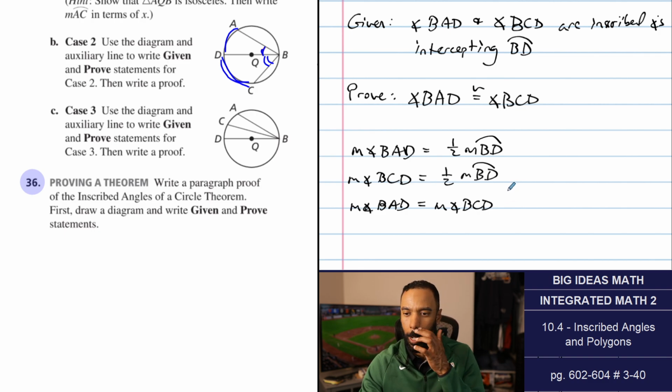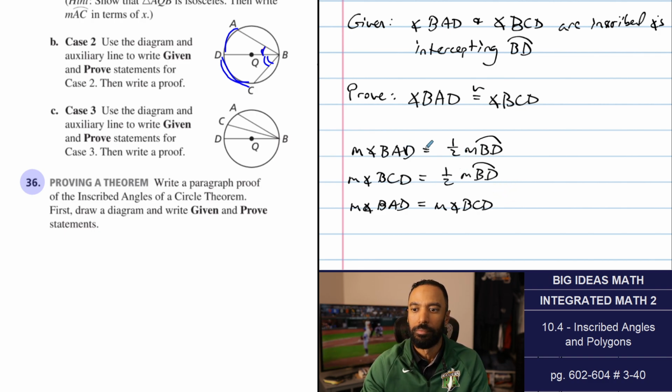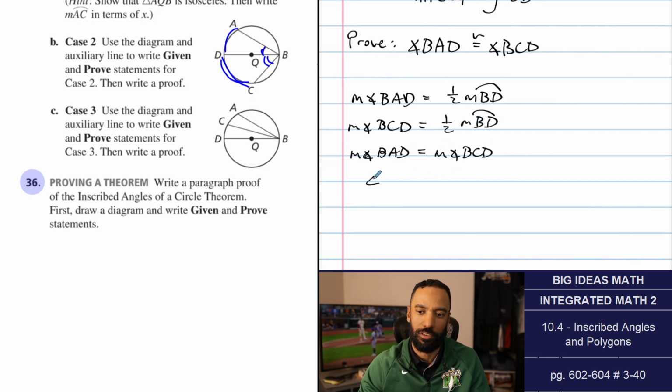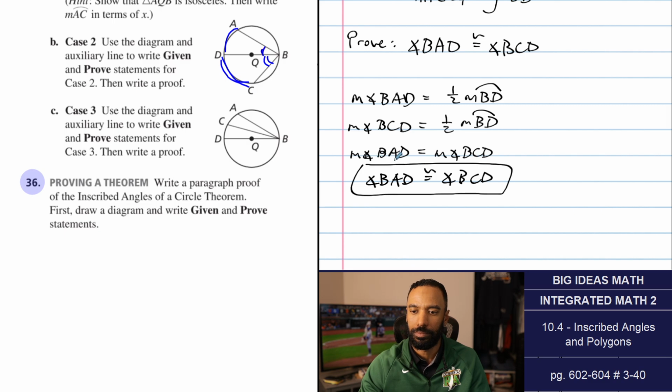I know I'm not doing a full two-column proof, but this is the inscribed angle theorem and the transitive property of equality. By the definition of congruence, these two will be congruent. Okay, I think that works out. So, if that's the case, we can move forward.